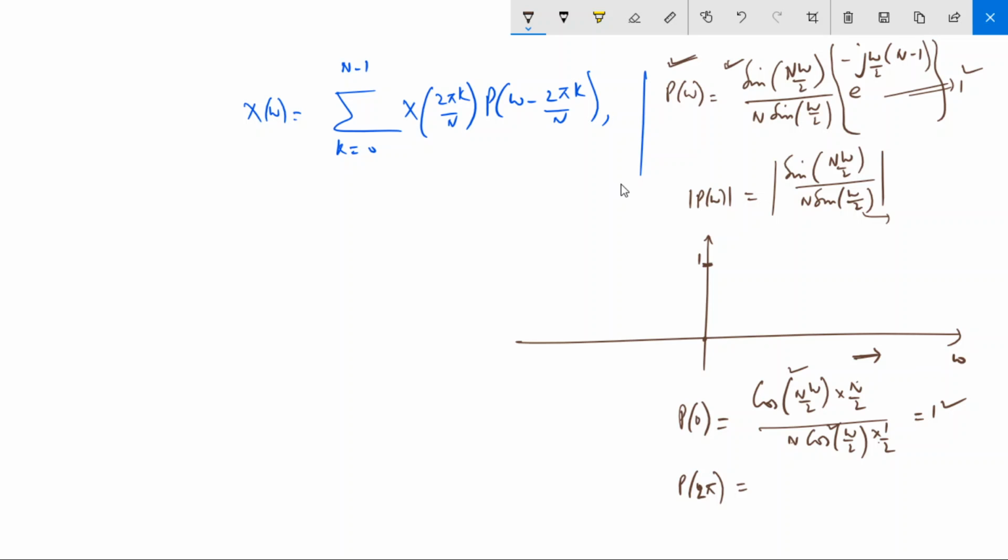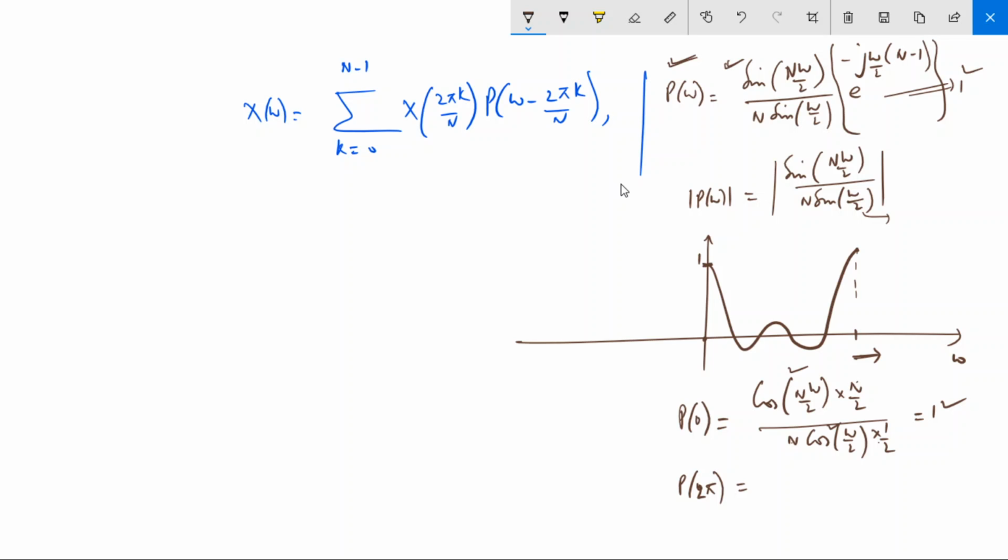You again apply L'Hospital's rule at 2 pi, and its value will be again 1. It will repeat after 2 pi. In between, the function will take a shape like this if you plot it between 0 to 2 pi.